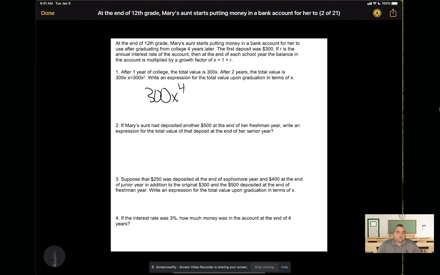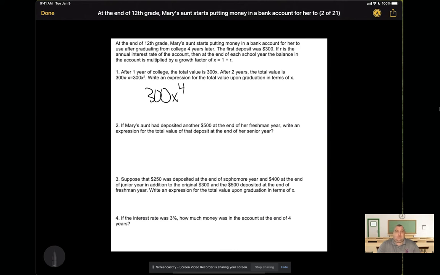Number 2: if Mary's aunt had deposited another $500 at the end of her freshman year, write an expression for the total value of that deposit at the end of her senior year. She initially deposited $300, which collects interest for 4 years.